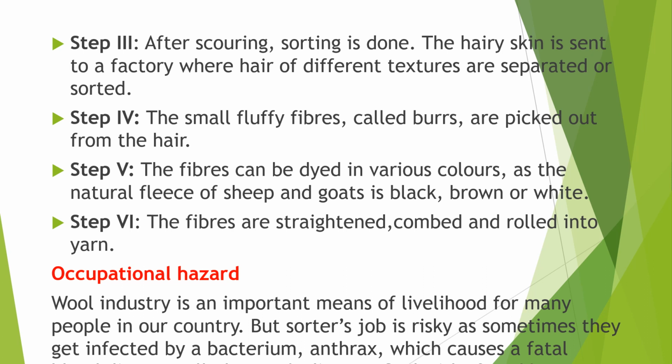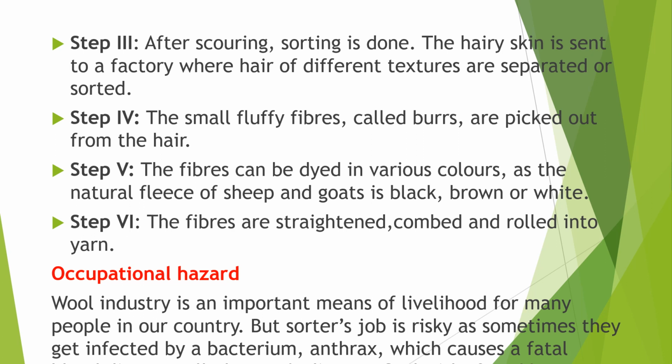Now this fifth step is the process of dyeing. The wool is dyed into different colors. Sixth and last step, it is straightened, combed and rolled into yarn. This yarn is further used for weaving and knitting.